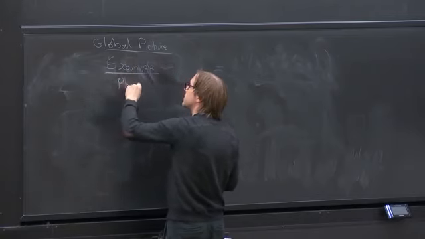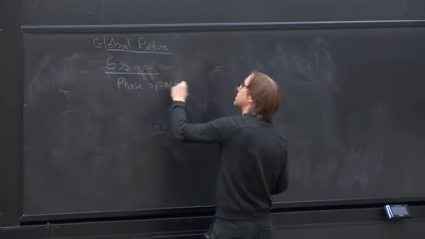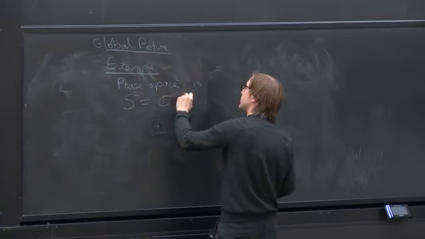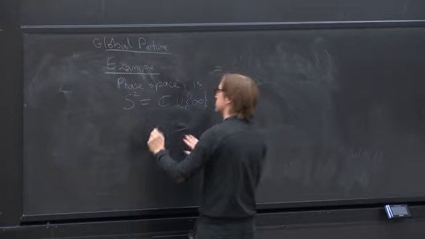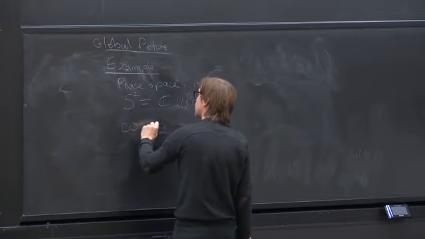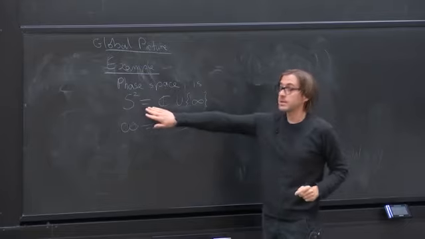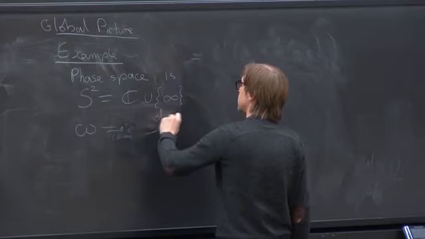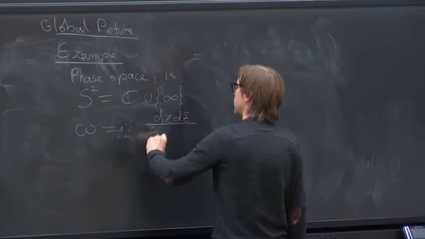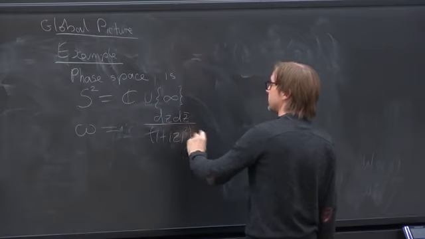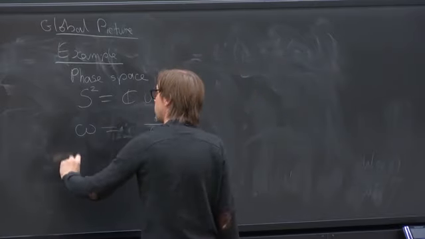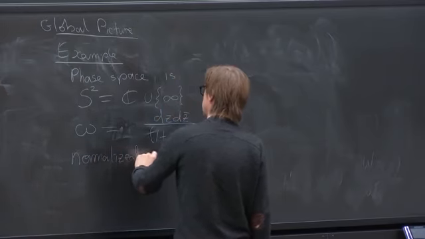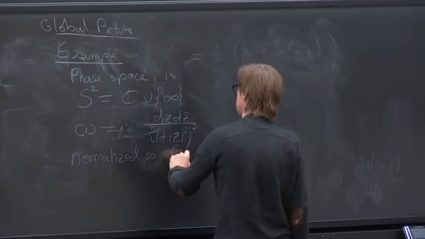Suppose we have a situation where the phase space is S^2, which I view as C union infinity, and the symplectic form is the natural volume form of the two-sphere, which in the complex coordinate z looks like dz ∧ dz bar over (1 plus absolute value of z squared) squared, and we normalize it so that the integral is an integer.